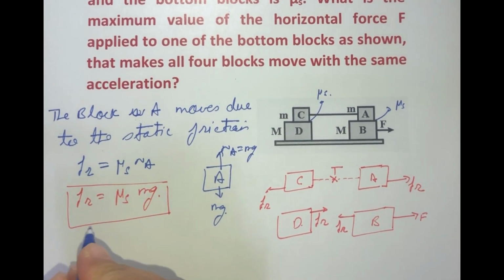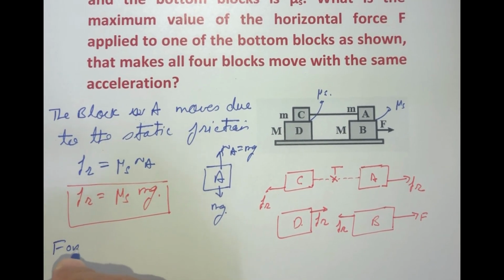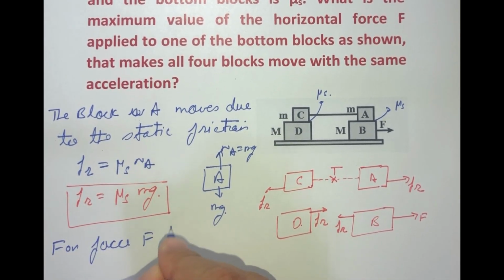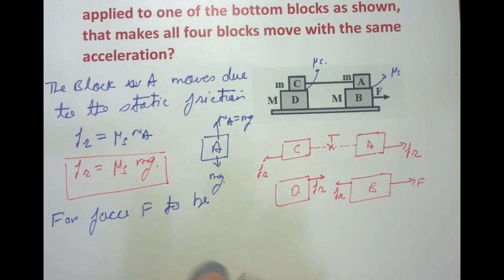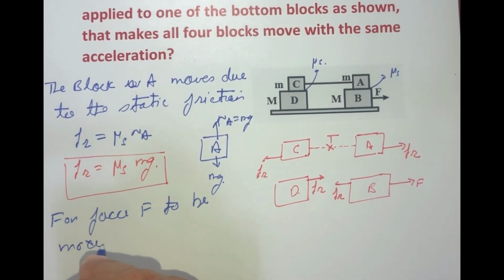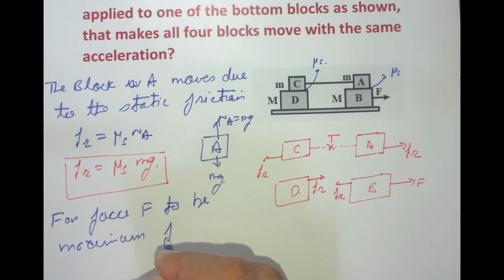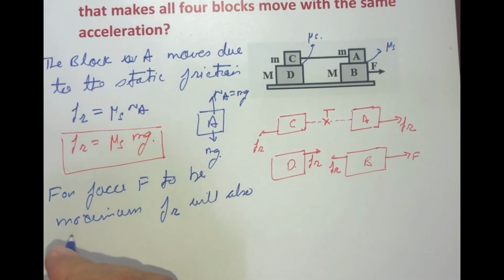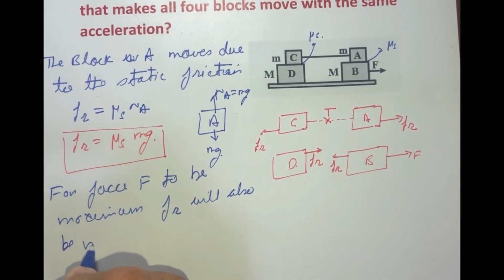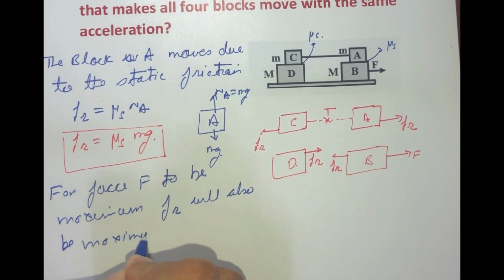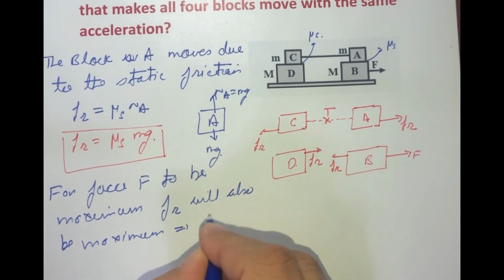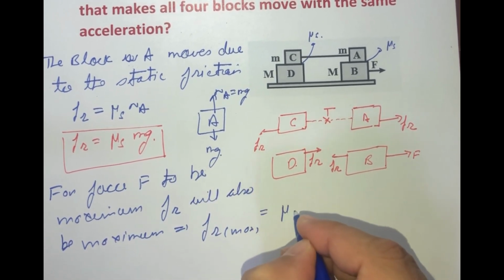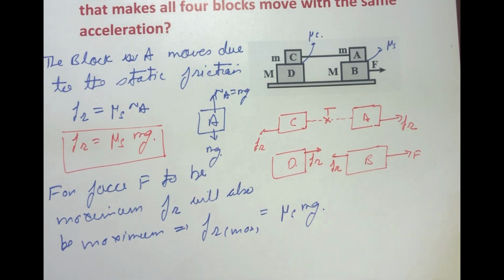So for force F to be maximum, Fr will also be maximum, which we can say will be given as Fr max, and its value will be equal to mu s into mg.